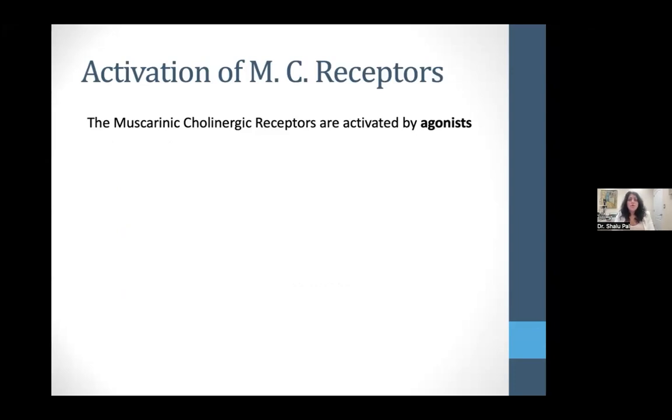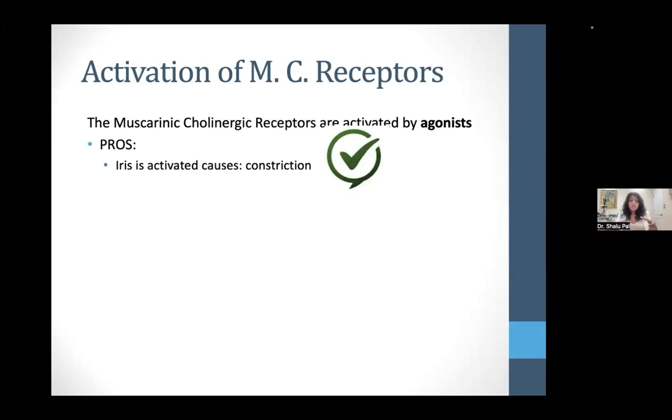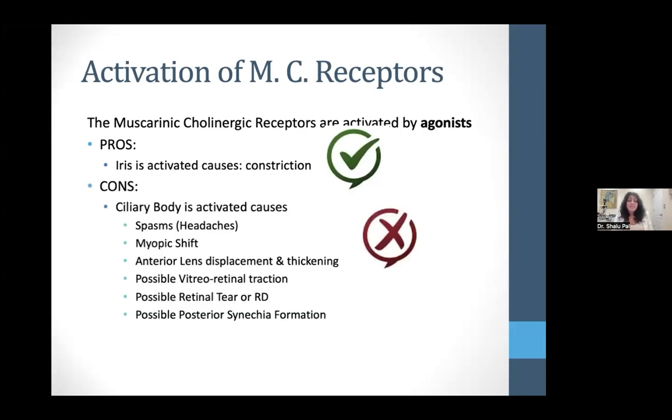Okay, so what happens when we use these agonists, and what's really happening? One of the positives that we want is constriction to happen. But one of the negatives is we don't actually want these to work on the ciliary body, because when you start causing this agonistic action on the ciliary body, you get the ciliary body to spasm, and that can create headaches.